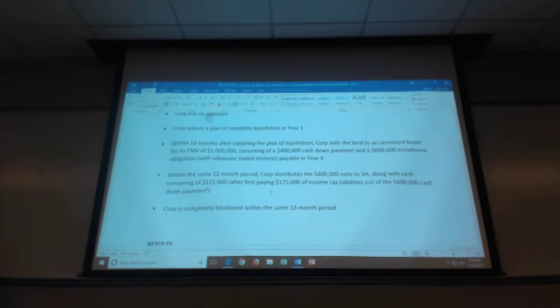Because the way this works, when the corporation receives the note of the buyer, the corporation initially is entitled to use the installment method of accounting so that it would calculate a gross profit ratio and multiply that gross profit ratio times the $400,000 cash amount.